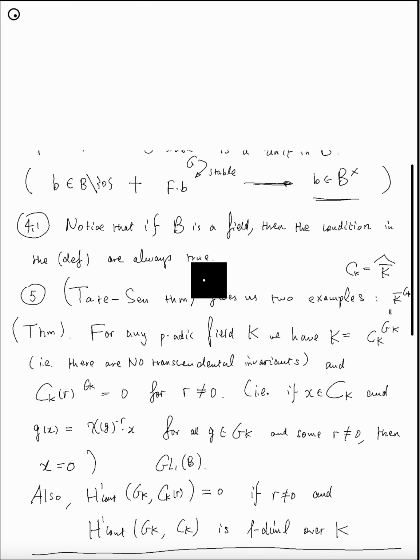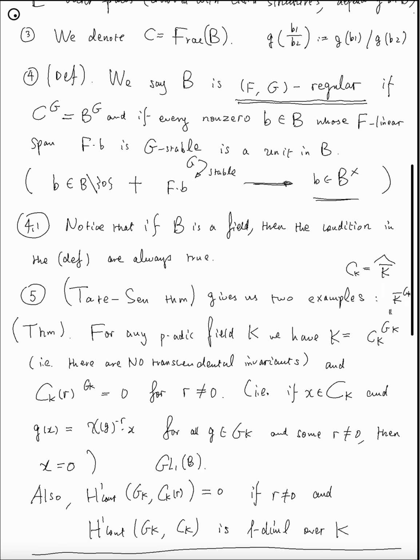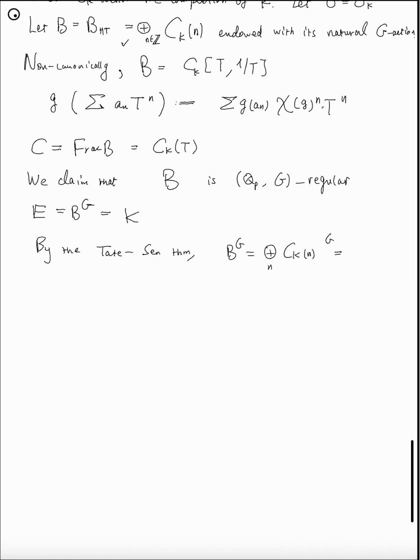This is either K or 0, depending on what r is. If r equals 0, then this is K. If r is non-zero, then this is 0, and so this is finally just K. This is a more detailed explanation.